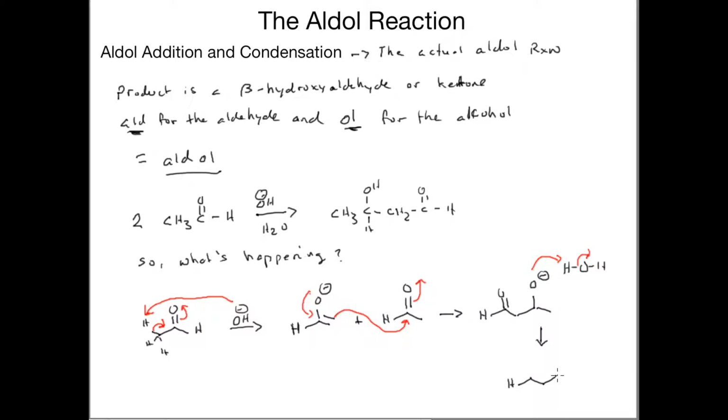And there you go. You now have your beta hydroxyaldehyde. Notice that it's beta because the OH is one away from the alpha carbon. So now we've added this there.